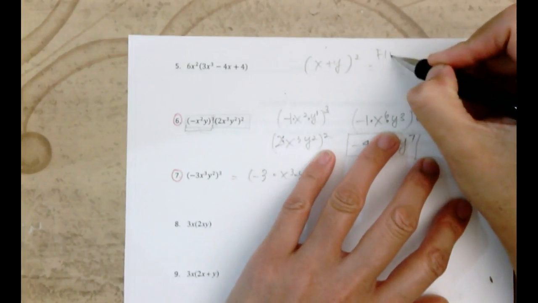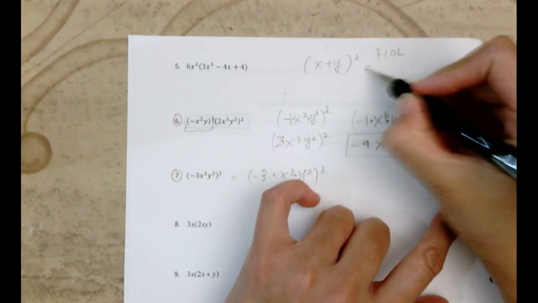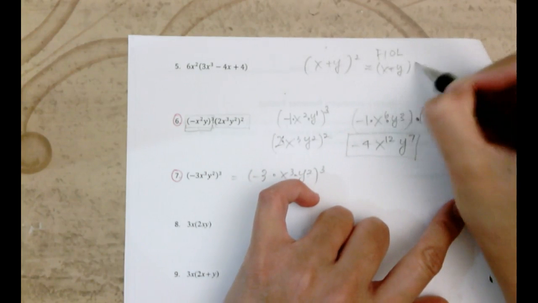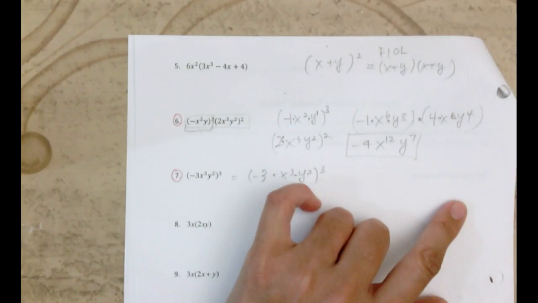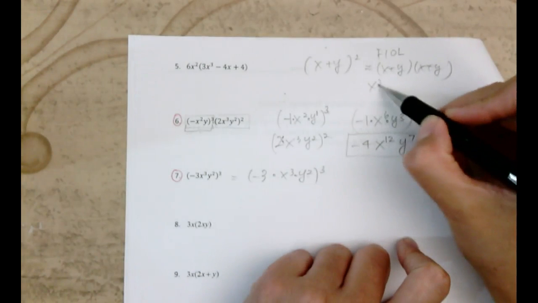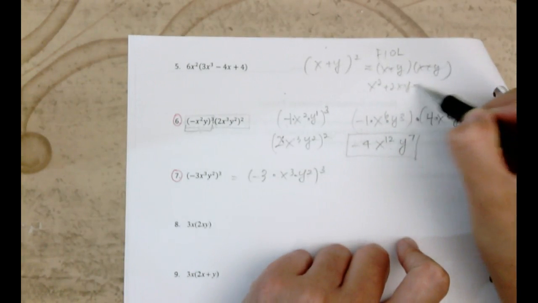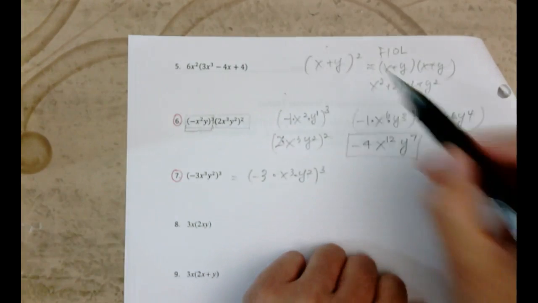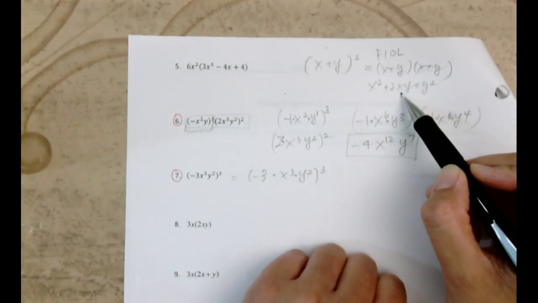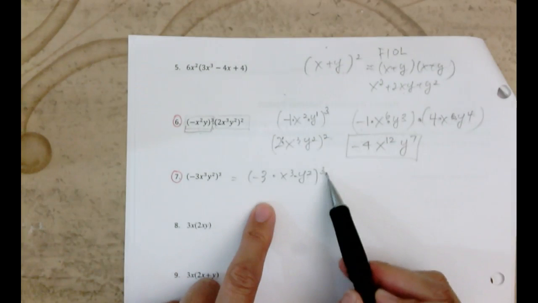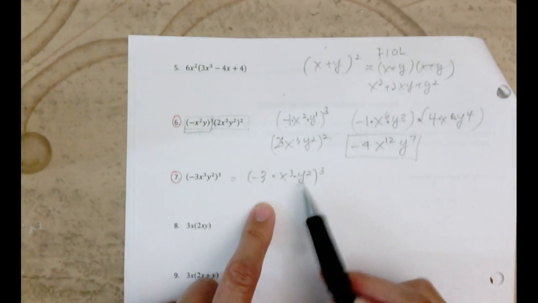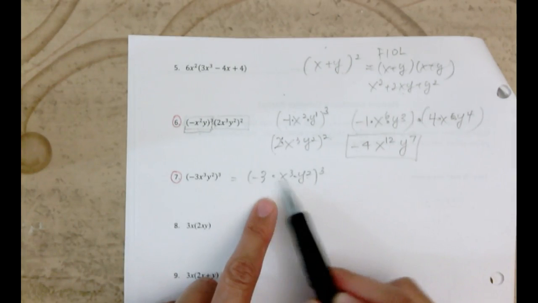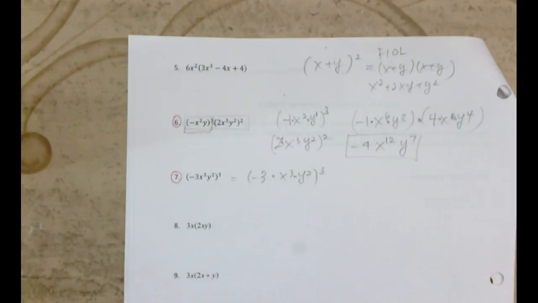First, inside, outside, last. This is x plus y times x plus y, so this is actually x squared plus 2xy plus y squared. So that's this. Don't get confused with that. This one you distribute to each term, because there's no plus in between. These are 3 terms we multiplied.